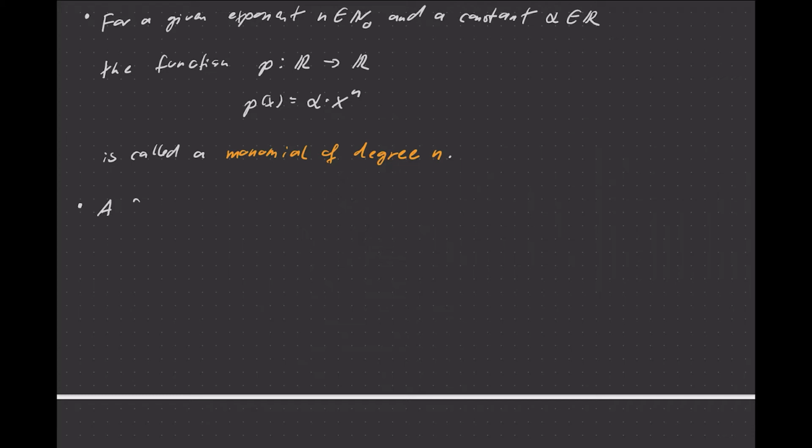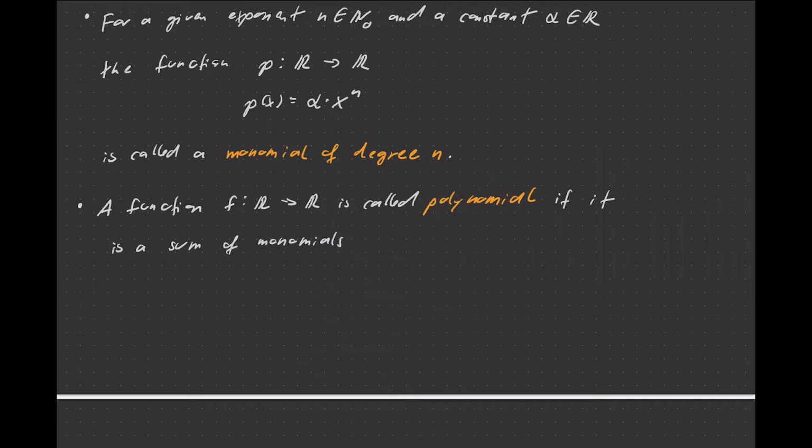So a function, let's call it f, again mapping from R to R, is called a polynomial if it is a sum of monomials.